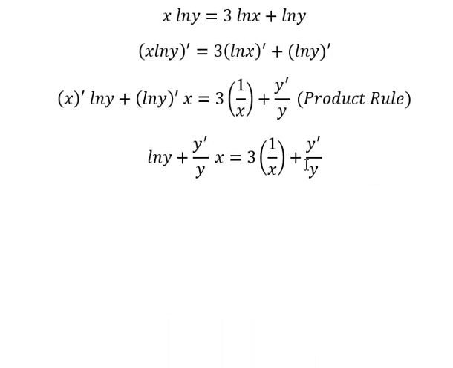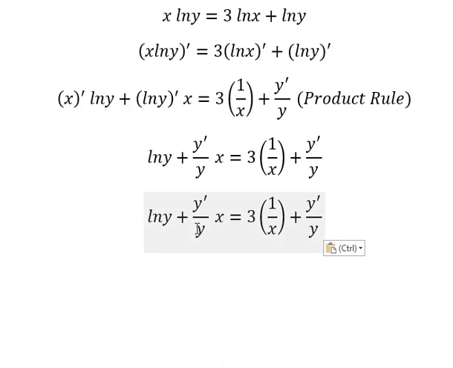Now, we put this one to the left, ln y goes to the right.